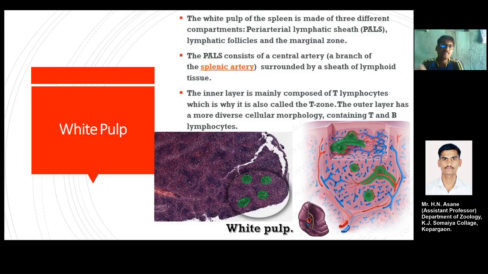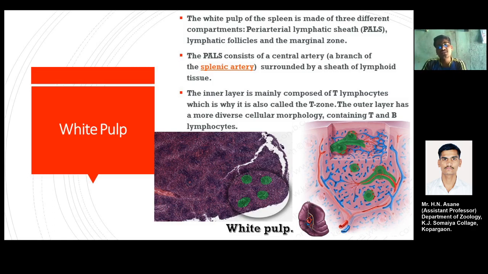So in the white pulp region, these are all associated with WBCs and everything related to immunology.